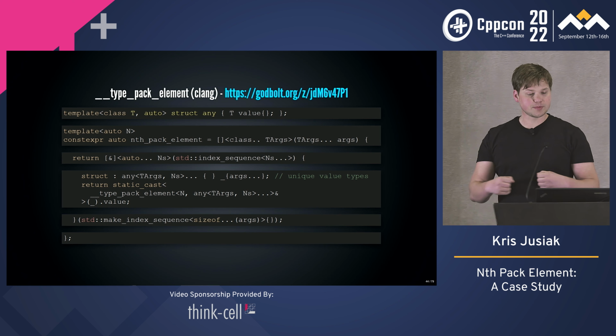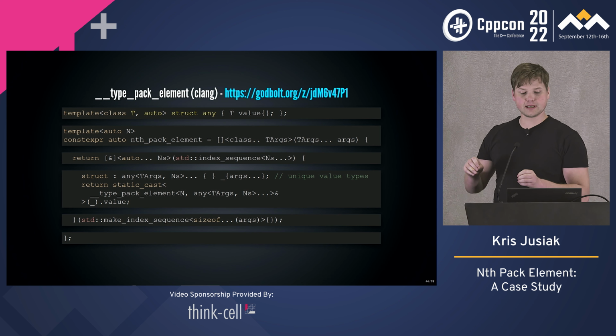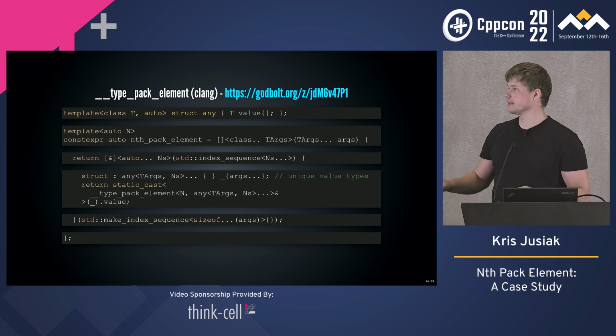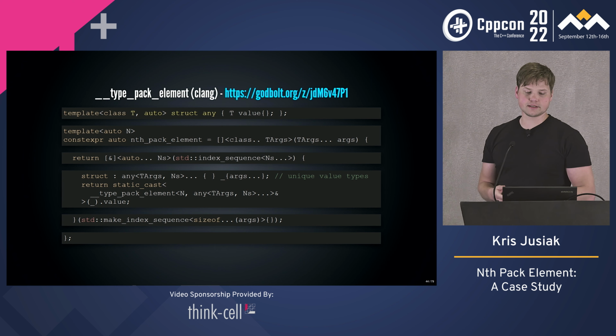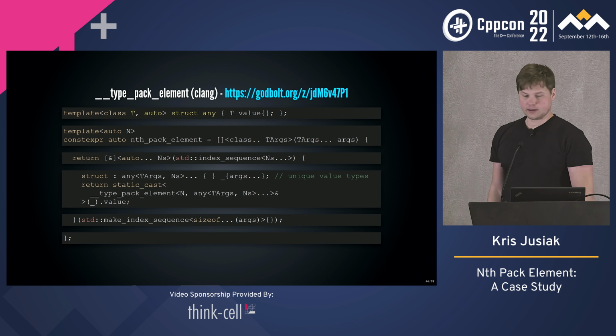Because we have this type pack element, we take the nth out of any ... So any ... has all the elements, and we take the nth, and we know that it will be inherited in the struct above, so we can static cast it and take the value. I hope that makes sense.